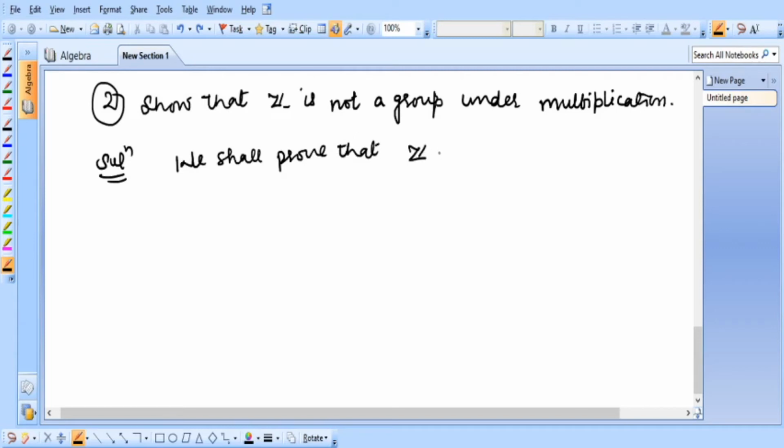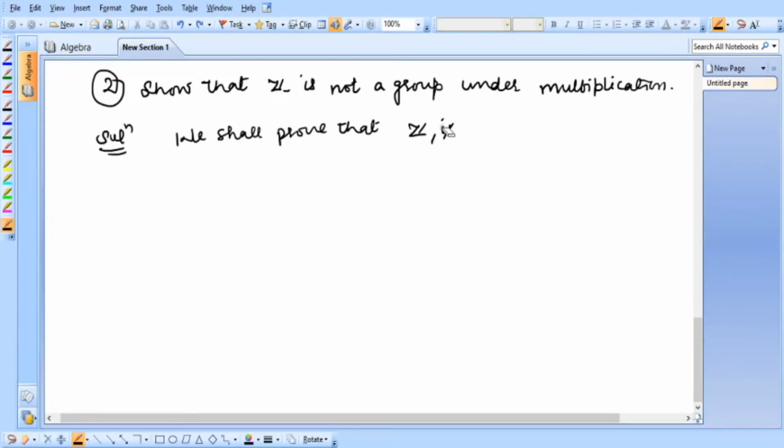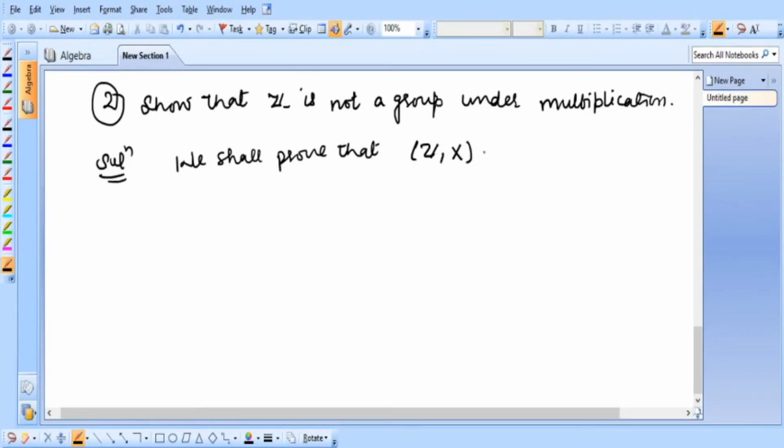We shall prove that Z is not a group under simple multiplication. So let us see which property this set is going to violate, right?